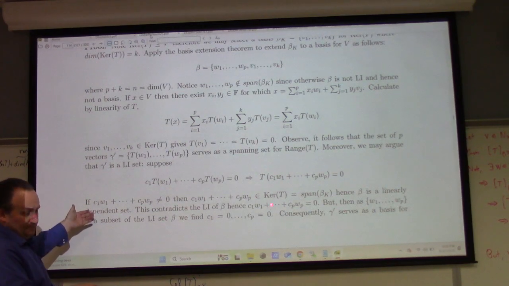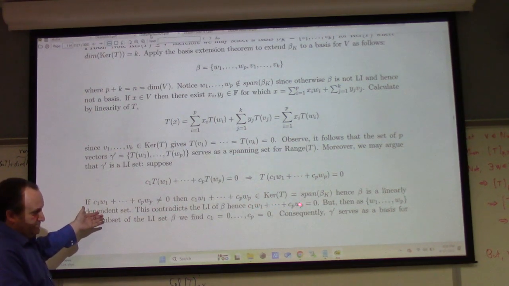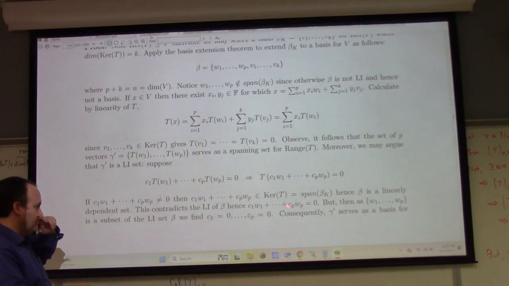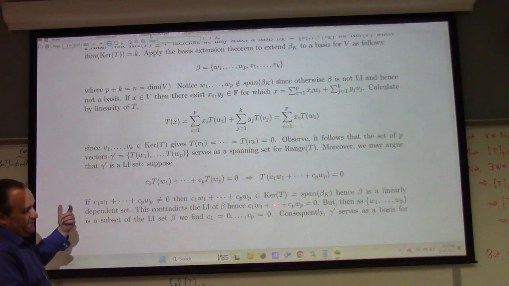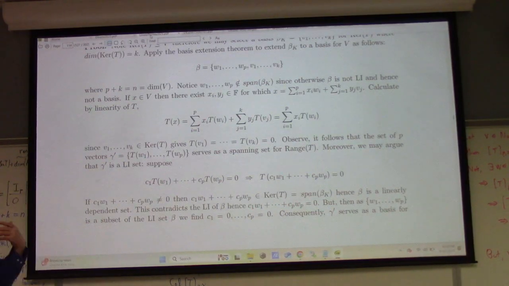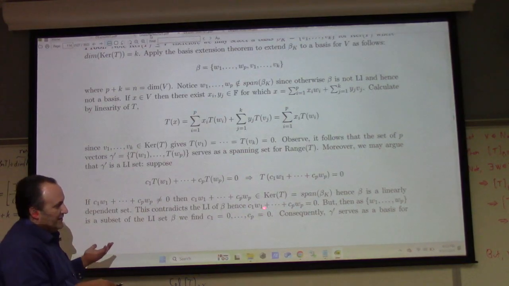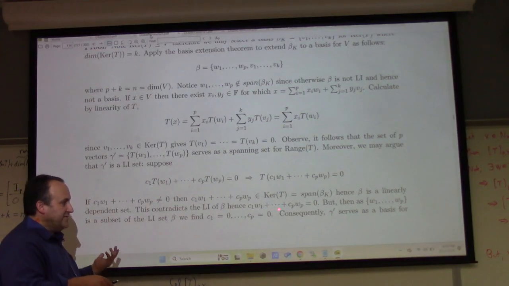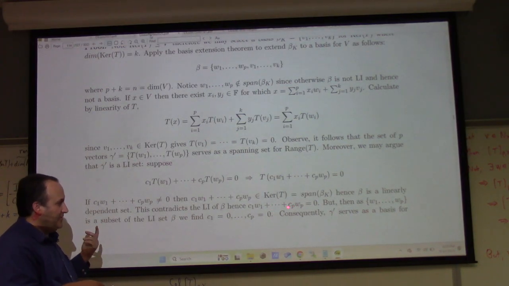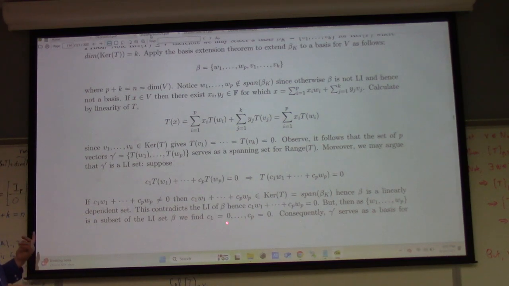But if that's equal to 0, then we automatically get that these coefficients are all 0 because remember the W1 through WP are a subset of a linearly independent set, and a subset of a linearly independent set is also linearly independent. So because this is, after all, a linear combination of vectors from the basis, it implies that C1 through CP is 0. And there we go. That means gamma prime is a linearly independent spanning set.